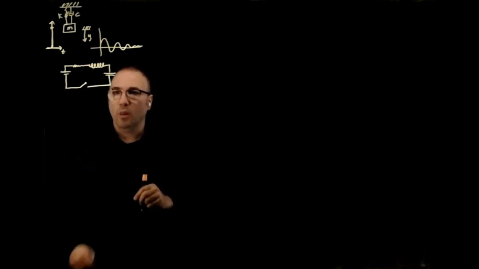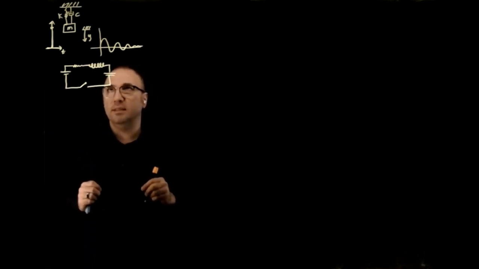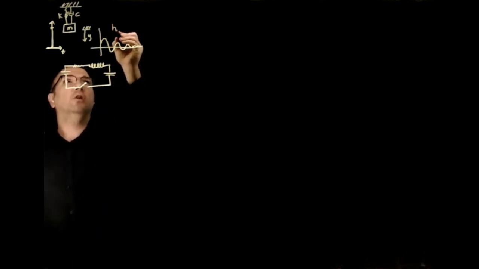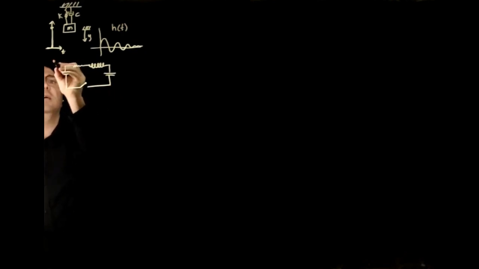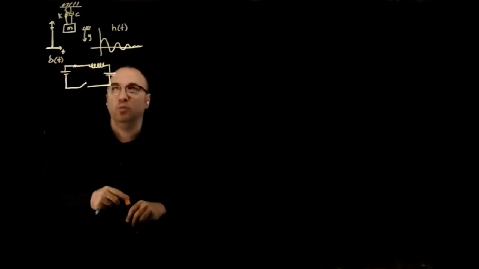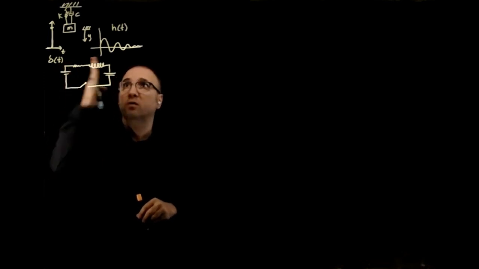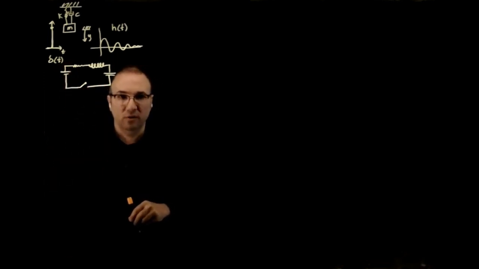Now, we want to show that if we know this impulse response, let's call it h of t. So we have delta of t as input and we get h of t as output. So we have impulse and impulse response.